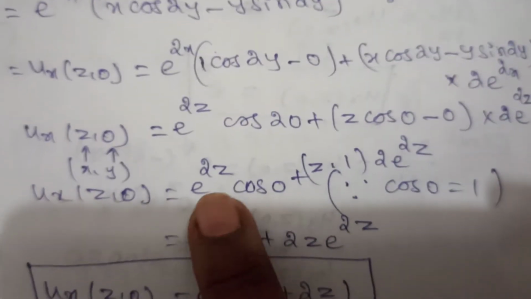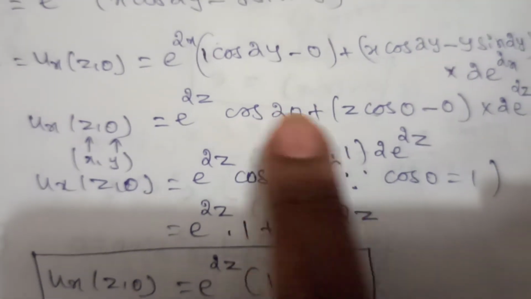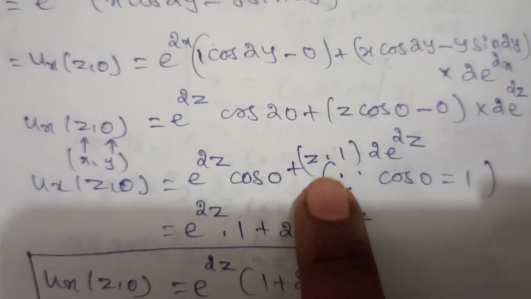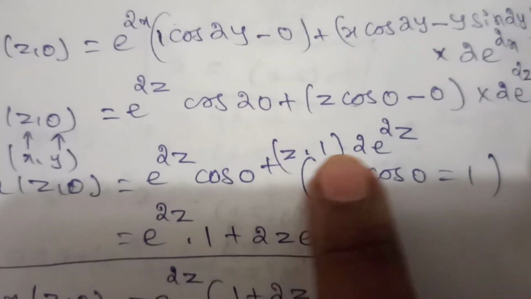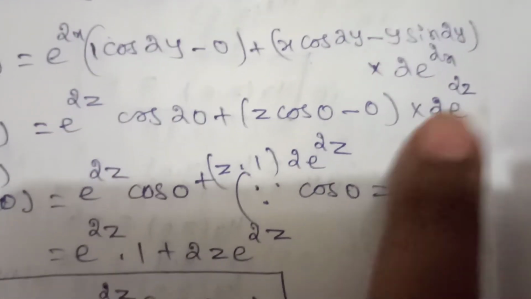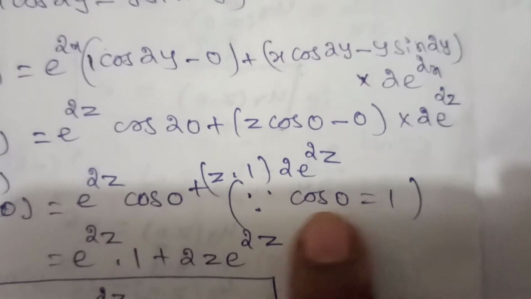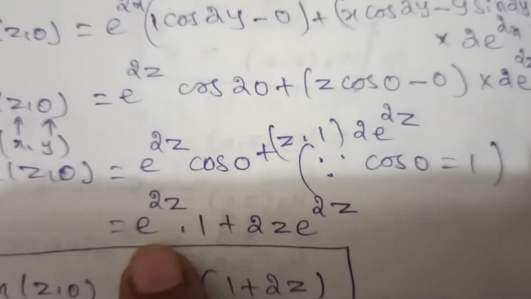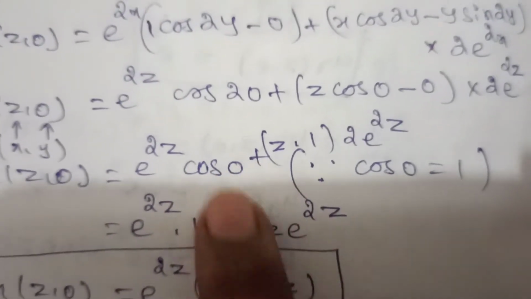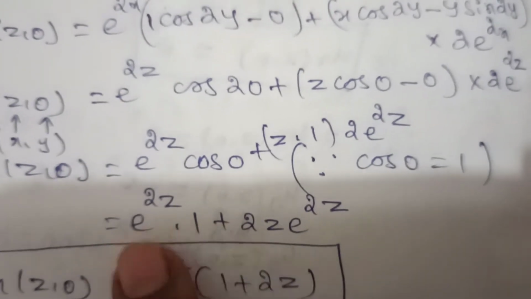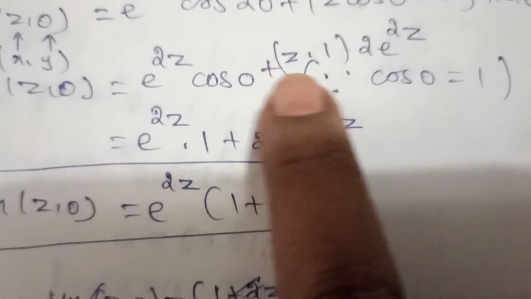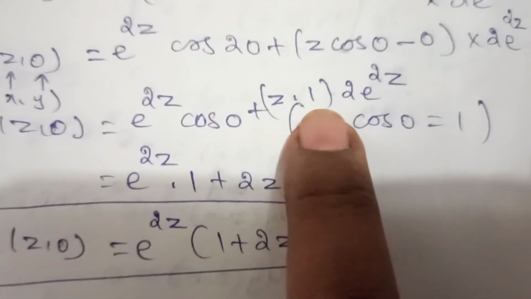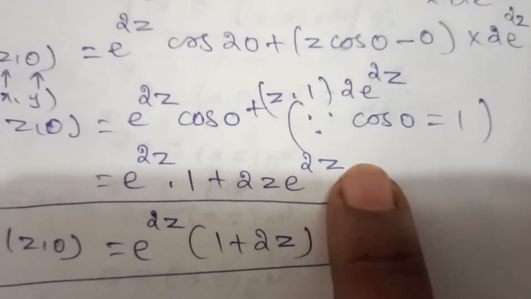Substitute the values. Therefore e power of 2z into cos 0, plus z into cos 0, whose value is 1, into 2 into e power of 2z. Cos 0 is 1, so e power of 2z into 1, plus 2z into e power of 2z.